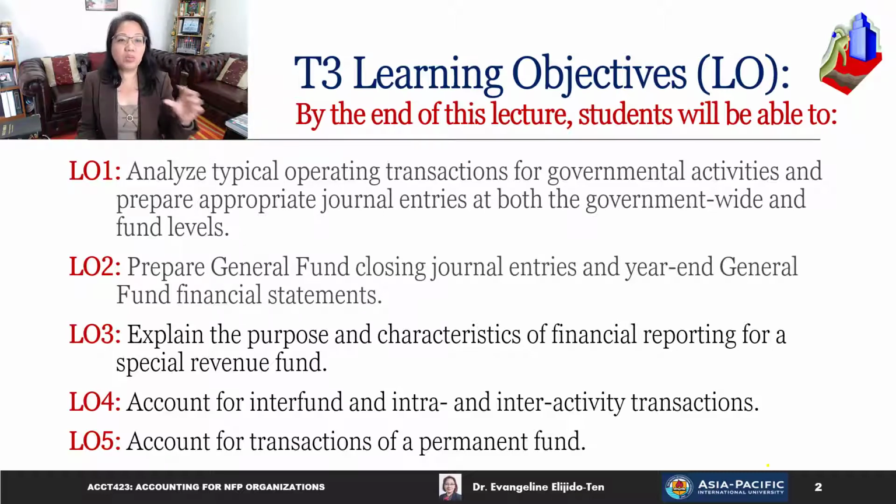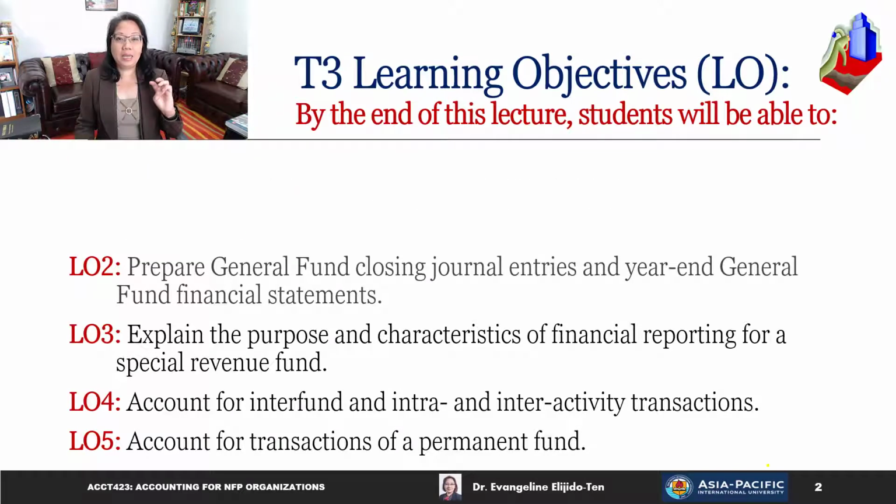So learning objective 1 will actually cover the entire array of different transactions, and so we'll be spending quite a lot of time in learning objective 1. After learning objective 1, we will pause, and in the second part of the pre-recorded lecture video, we will discuss learning objectives 2 to 5.